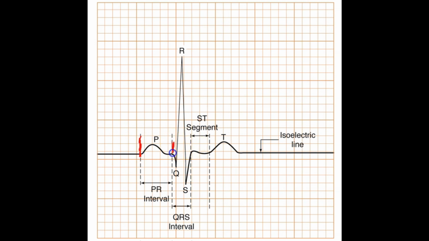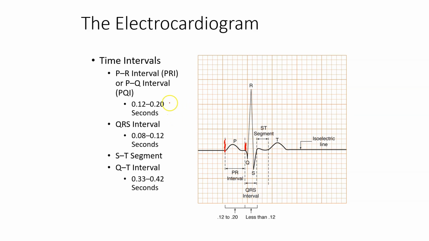One of the problems we run into here is that you have to interpret where you believe it is, so there could be some variability. But we like to look at this as being 0.12 to 0.20. That's what we're looking at. It's 0.12 to 0.20 for that to be considered normal.